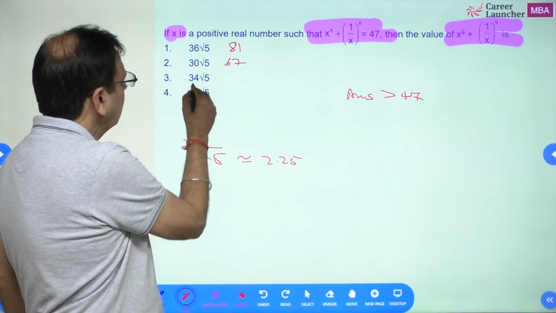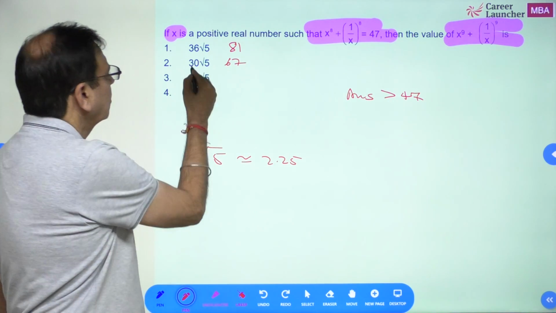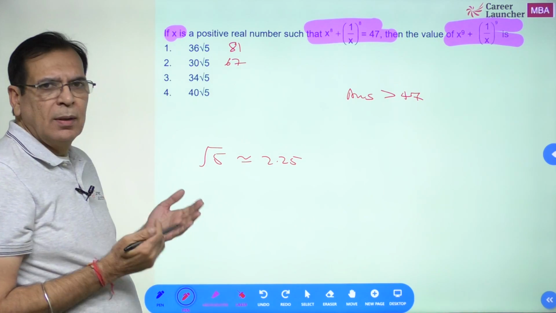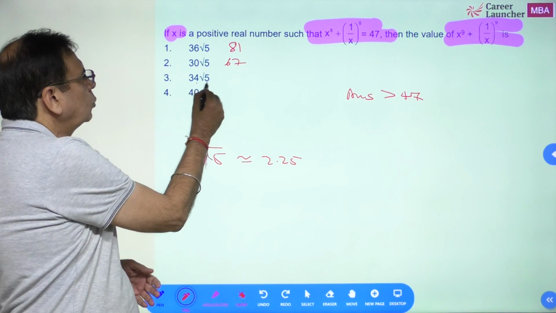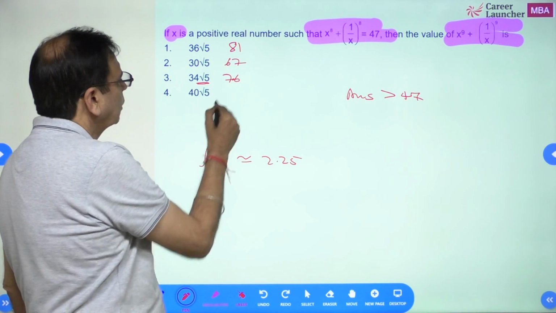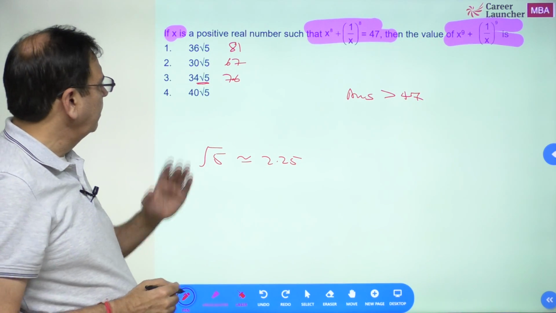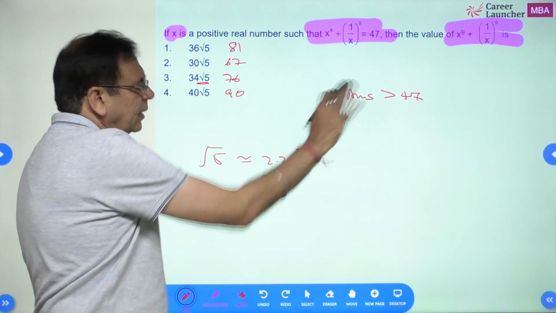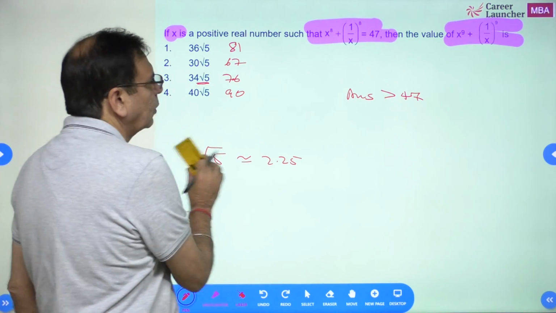So let's say it's 67. 34 root 5, इसमें 4 root 5 ऐड करना होगा ना. How much is 2.25 into 4? That will be 9. So 67 plus 9, 76. 40 root 5 will be 40 into 2.25, 80 plus 10, 90. Obviously इससे काम नहीं चलेगा. All choices are greater than 47.